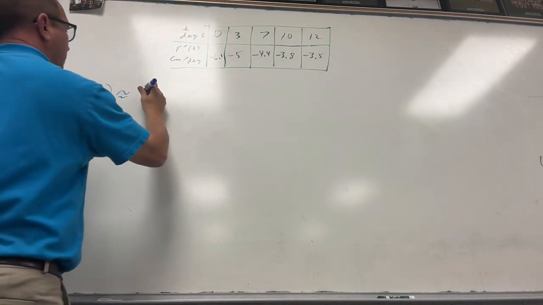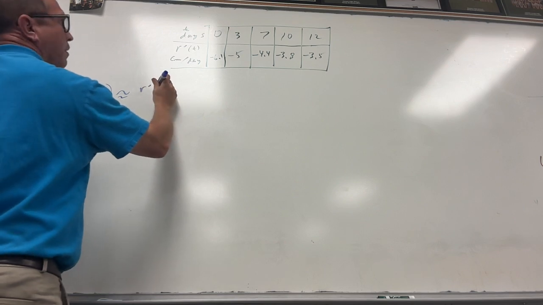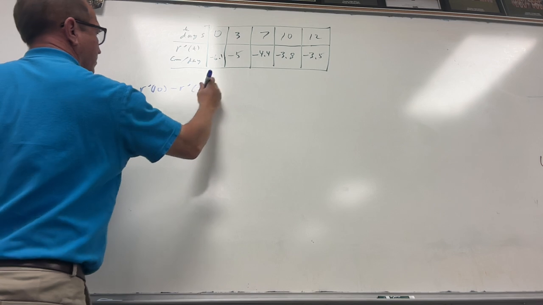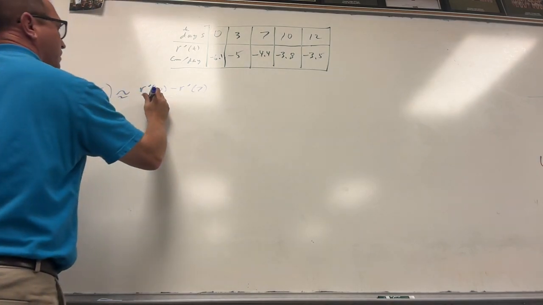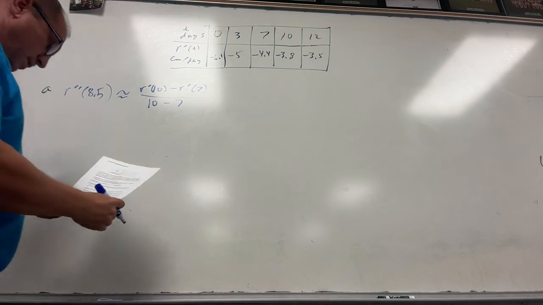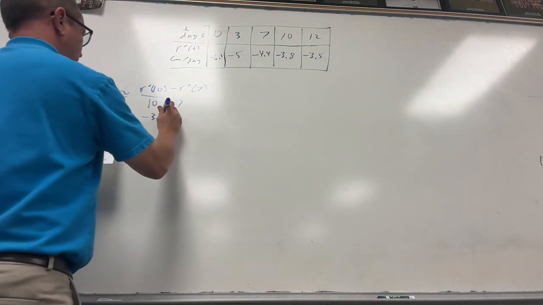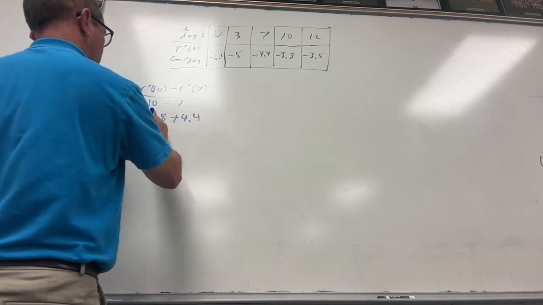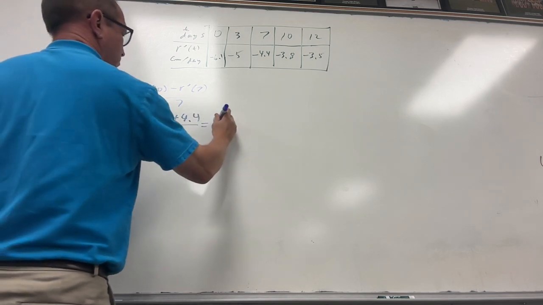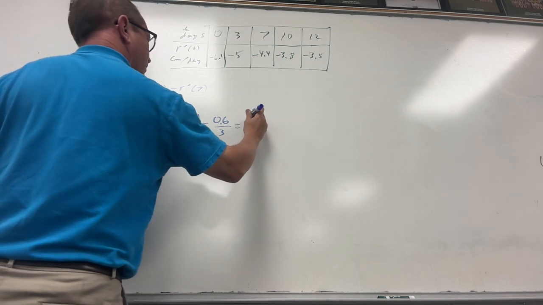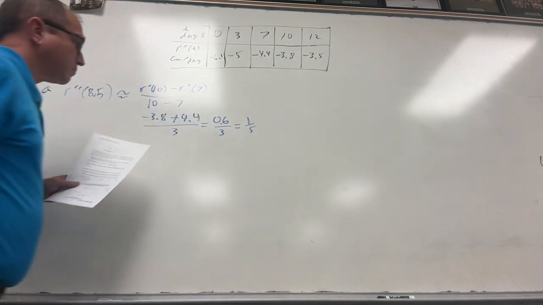So to approximate, we're going to have r prime of 10 subtracting r prime of 7, divided by 10 minus 7. And this yields negative 3.8 plus 4.4 over 3, which is 0.6 over 3, which is 1/5.